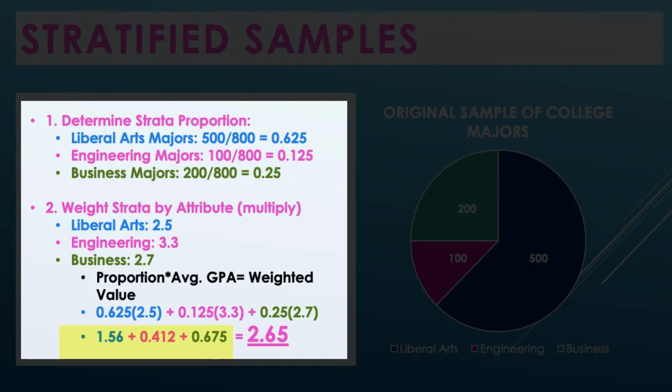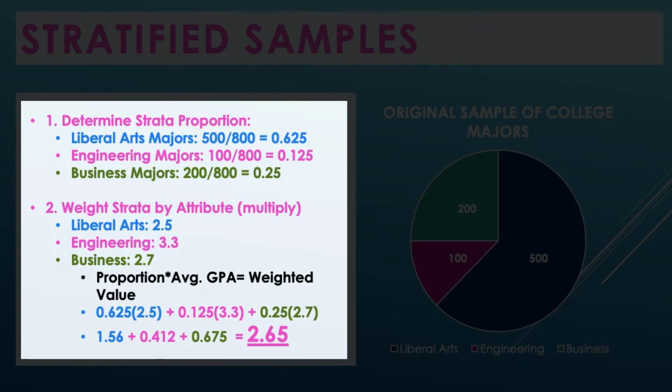And then our business majors, 0.675. And we add those all up together. And what this sampling statistic is telling us is that the average GPA from the entire college is probably about 2.65. And this is taking very careful consideration into the types of students that we're dealing with in our sample.